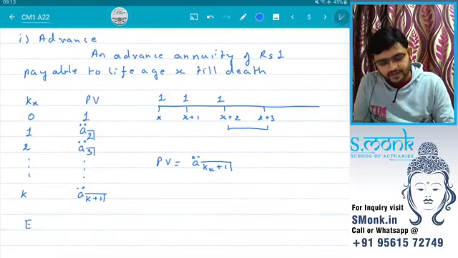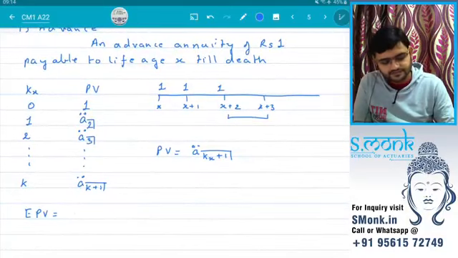So our expected present value will be equal to the summation, k going from 0 to infinity, of v^(k+1) times kpx times qx+k.